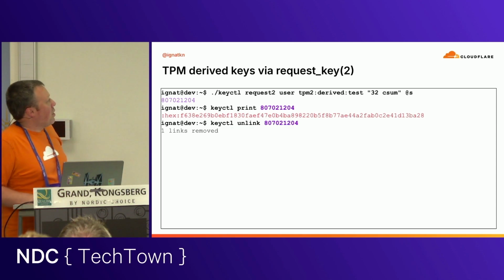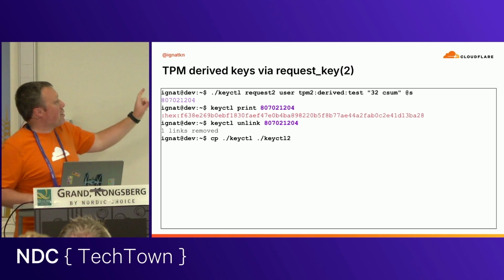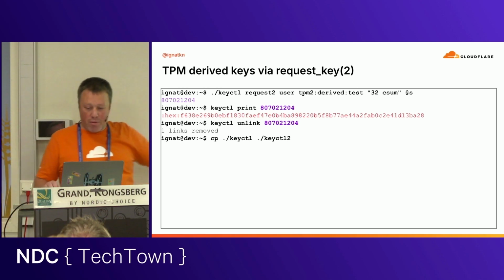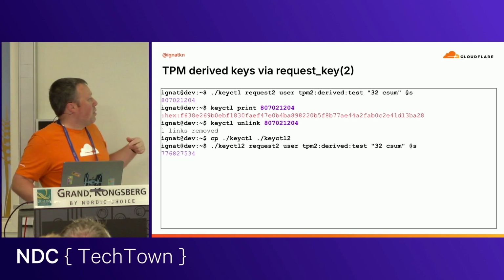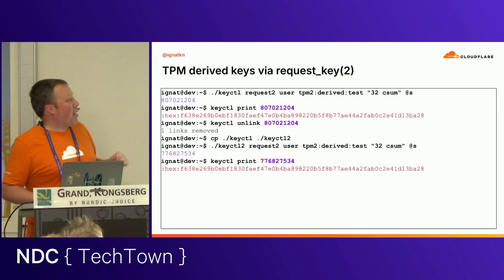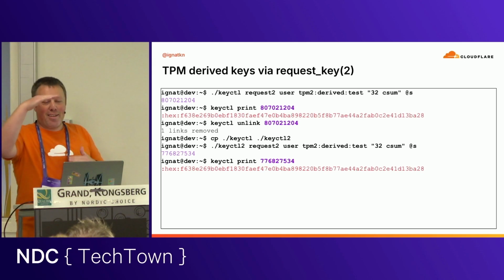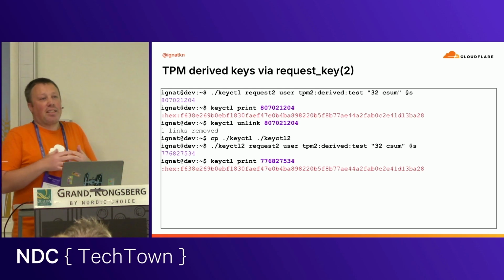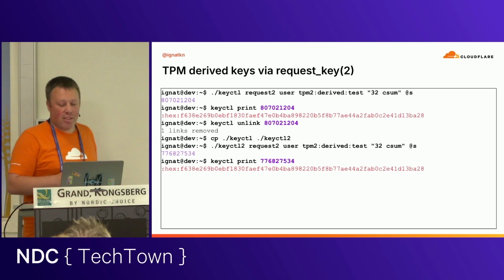And in this case, again, I can delete the key. Now I'm moving my keyctl utility from one path to another and repeating this request, but now I'm getting the same key back, just because the uniqueness of the key depends on the hash of the code which requested it, which is cool. Technically, you can bind a unique key to your particular code regardless of where in the file system it resides.